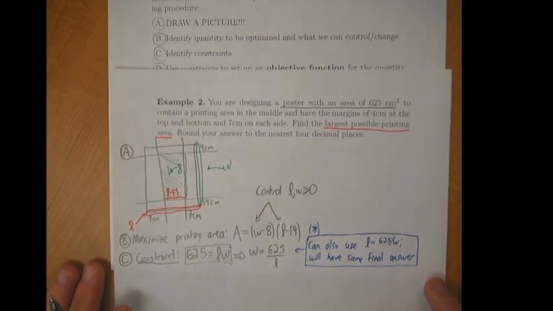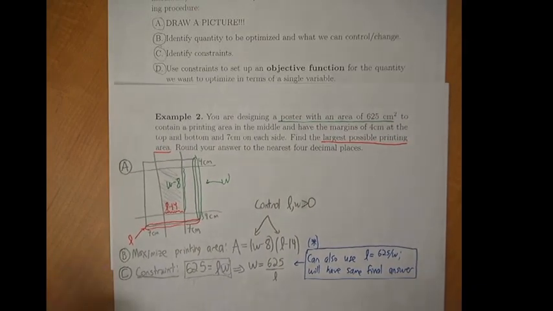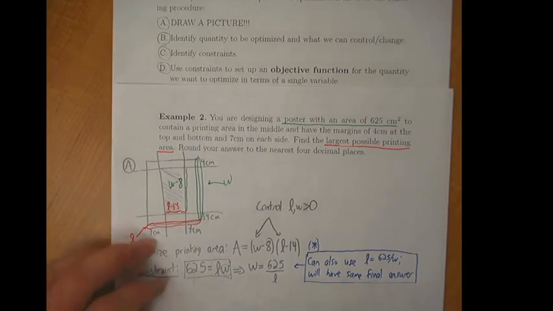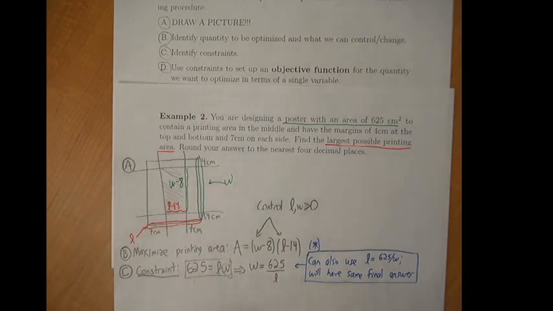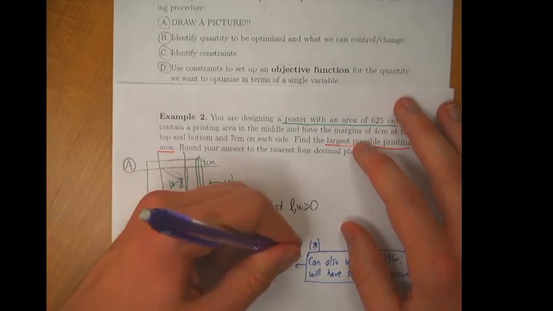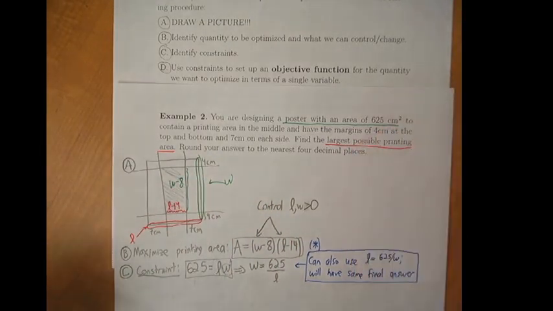So now part D says we have to use our constraints to set up an objective function for the quantity we want to optimize in terms of one variable. We have that the area A is this, the thing we're trying to optimize.